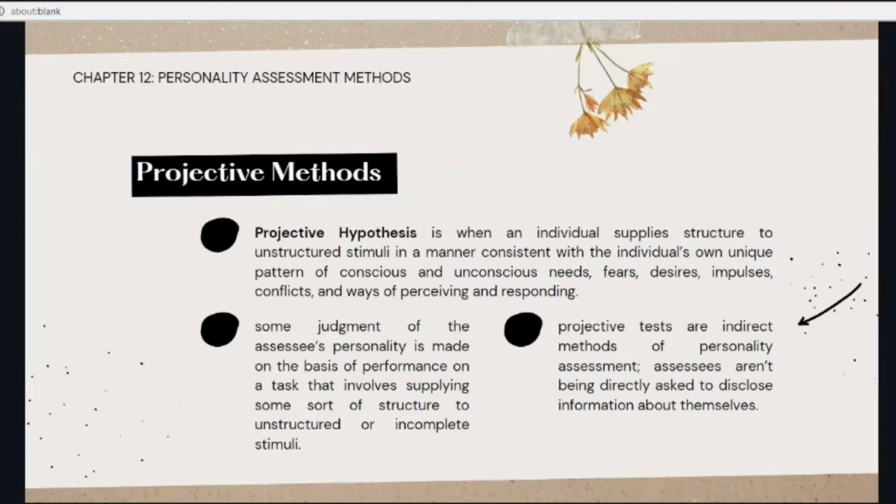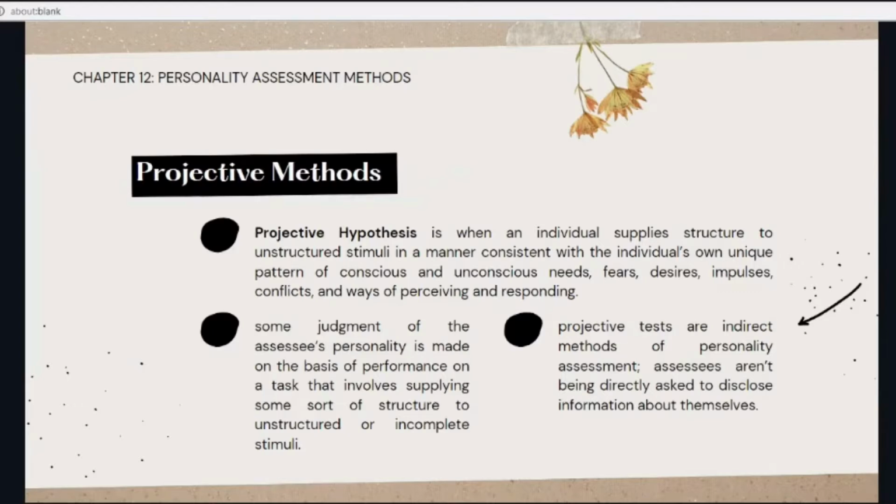Some students may say that they saw their teacher standing right in front of the blackboard. Some would say that they saw a particular word written on the blackboard. Some would say that they saw something else, because it involves the conscious and unconscious needs, fears, desires, impulses, conflicts, and ways of perceiving and responding. This is how they make structure out of the unstructured or incomplete stimuli.